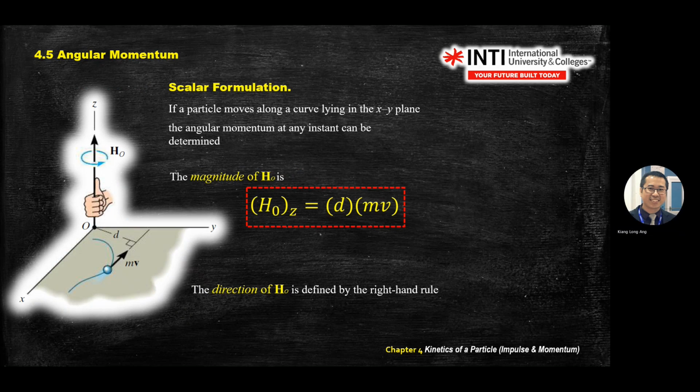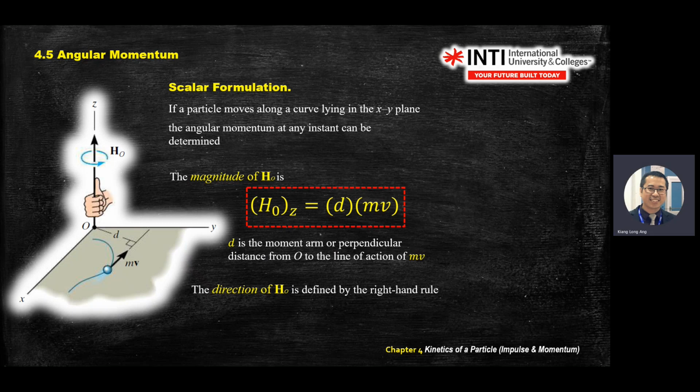So for the magnitude of your angular momentum, you take the momentum, mv, times the distance. You take mv times the distance, you get the magnitude of your angular momentum. That's the equation for finding the magnitude.